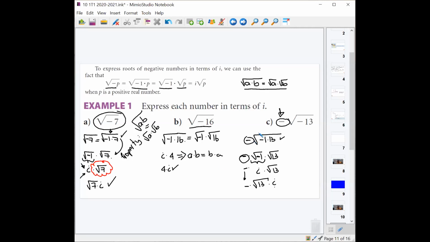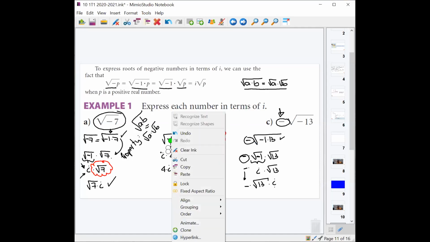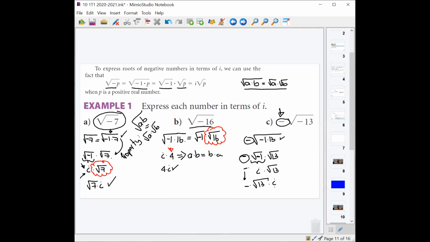No. What is the square root of 16? 4. Do you need the square root? But for example, we cannot simplify more. What do you want to simplify? Like the square root of 4. Yes, and why will it be square root of 4?